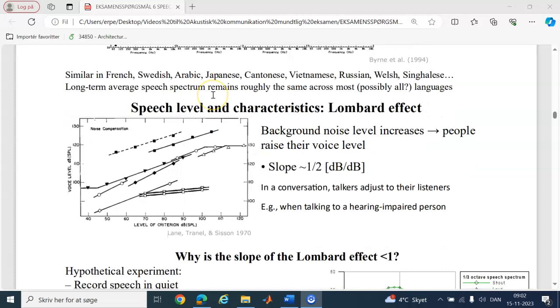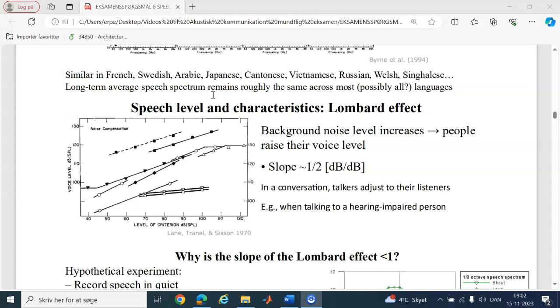Speech level and characteristics. Lombard effect. When the background noise level increases, people raise their voice level, and the positive slope is half a dB per dB: half a dB more when the background noise increases by 1 dB.